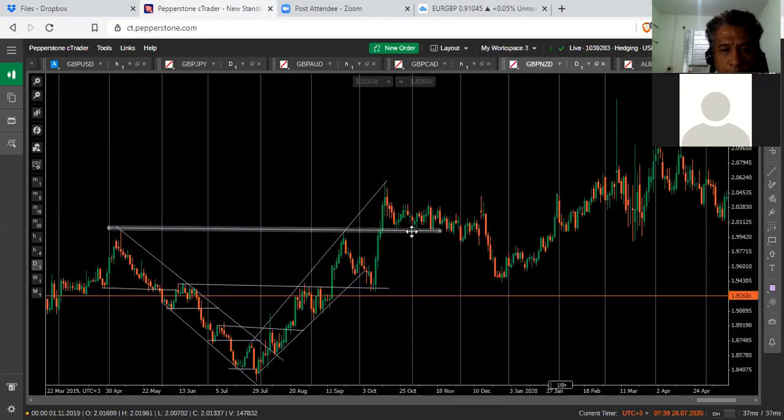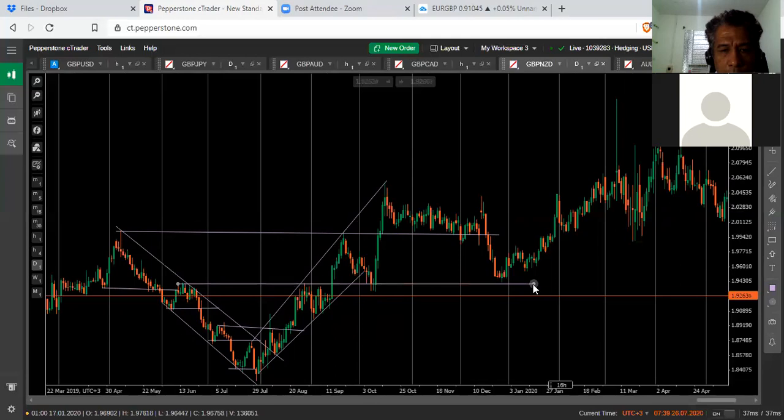As the market reaches this area, we can see that there was a changing of direction. So this is the previous swing high, and this is resistance that is broken, right? But there is support here that was broken previously.